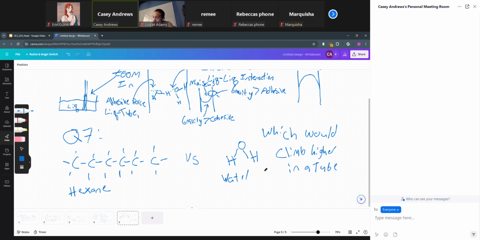I'll probably only give you 30, 40 seconds to collect your thoughts, look back at the notes. Anytime I write little dashes next to the carbon, that means a hydrogen is there.